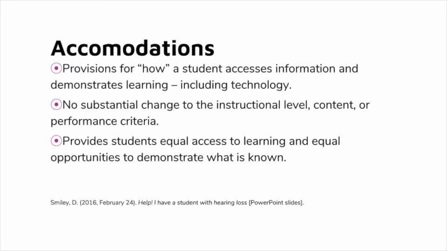There's no substantial change to the instructional level, to the content presented to the student, or even the performance criteria from the student. It's more of access and making information accessible to them that's accessible to normal hearing peers. It provides the students with that equal access to the learning and to the opportunities to demonstrate that they have learned and mastered the material.